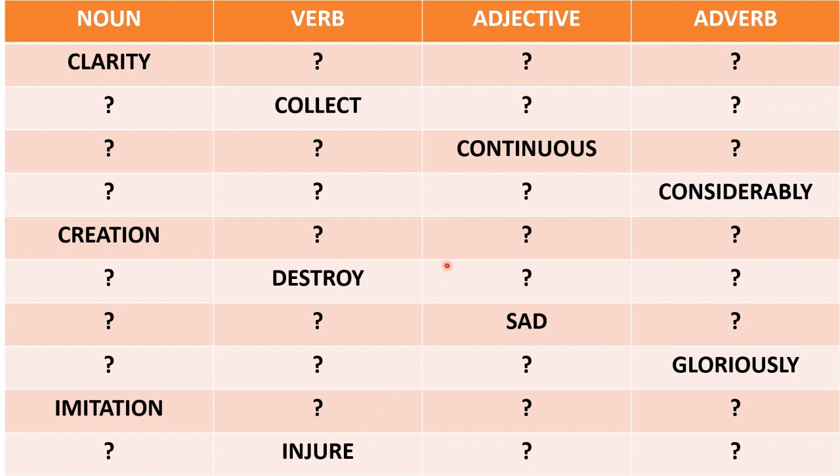Now, many of these words are familiar to you, but you have not been using them correctly. It is possible. Or it doesn't come to your mind when you start thinking. Once you practice in a table like this, your clarity will improve. See the word clarity. So just now I used the other form of the word.